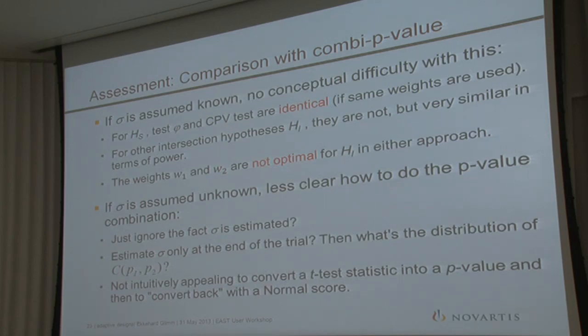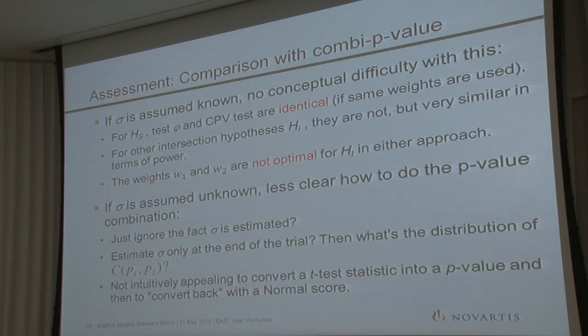They don't only have the same distribution, they are point-wise identical for the elementary hypothesis about the selected treatment. And for this, the weights are optimal. For the other intersection hypothesis, the two approaches are not identical, but the set of weights is of course not optimal for either of the two methods.